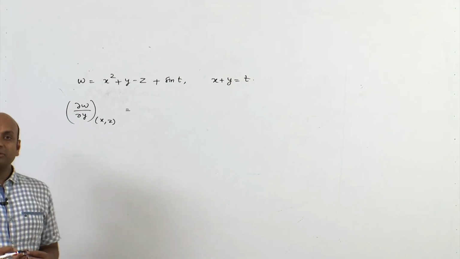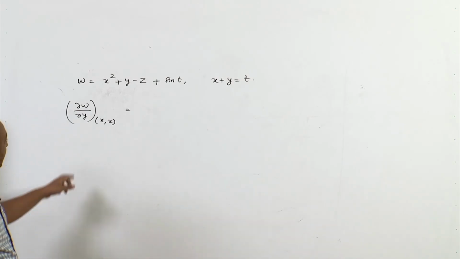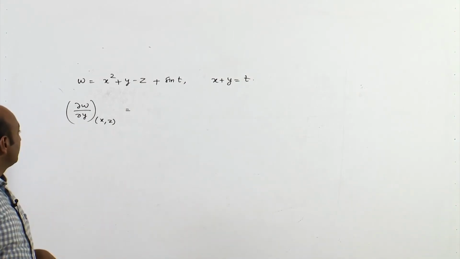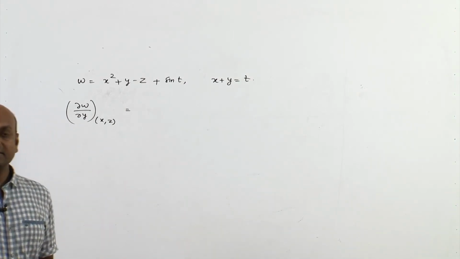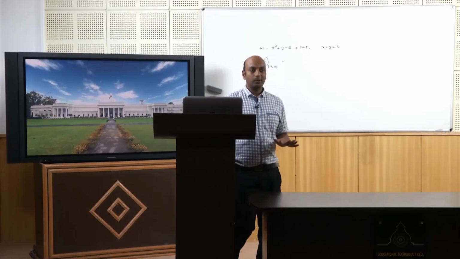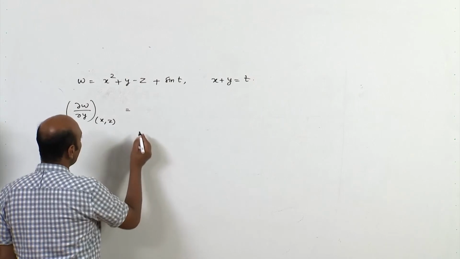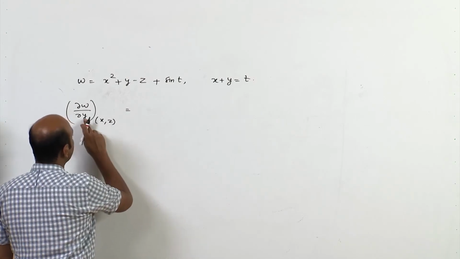So, what does it mean? It means we are taking x, y and z as independent variables and the other two variables, which are w and t, as dependent variables. Now, if you want to compute del w by del y, it is with respect to y, and we are taking x and z independent.